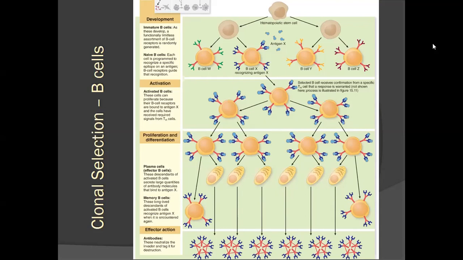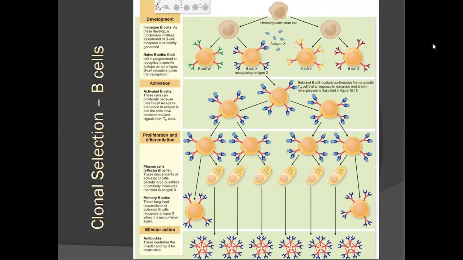So it now has a B cell receptor on its surface. And this B cell receptor, if you remember, we talked about that RAG enzyme that was rearranging antibodies to give us these different combinations. And this B cell receptor is presumably looking for some antigen that may be present in the system.